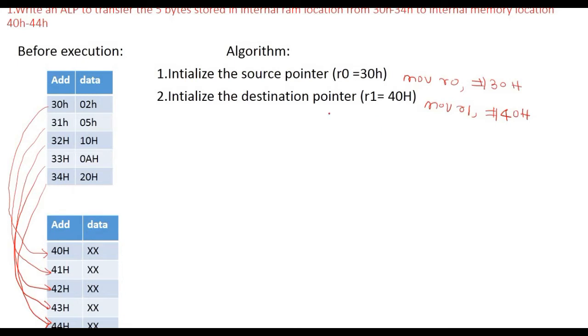Next, in this program we will be using the loop instruction, so we need to tell how many data we are going to transfer, whether 5 bytes or 10 bytes. With respect to that, we have to define a counter. So the third point is we need to initialize the counter. You can use any register.